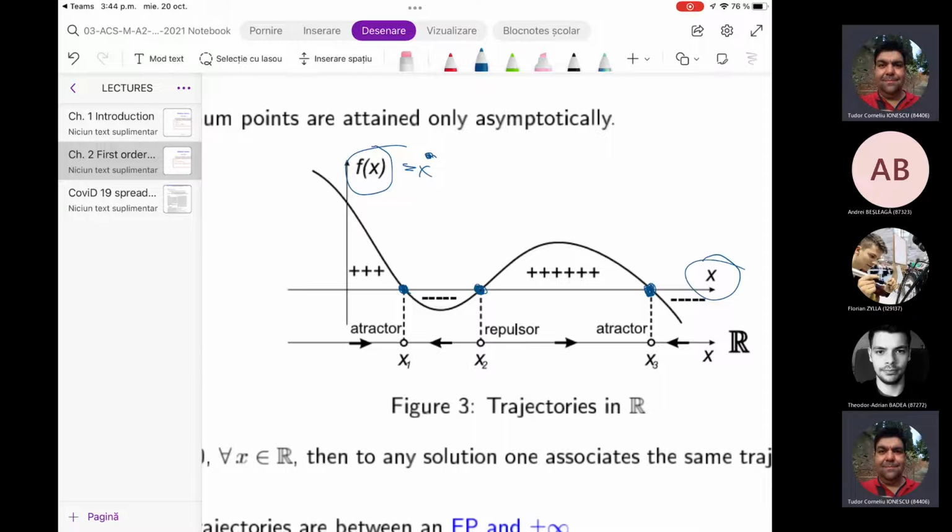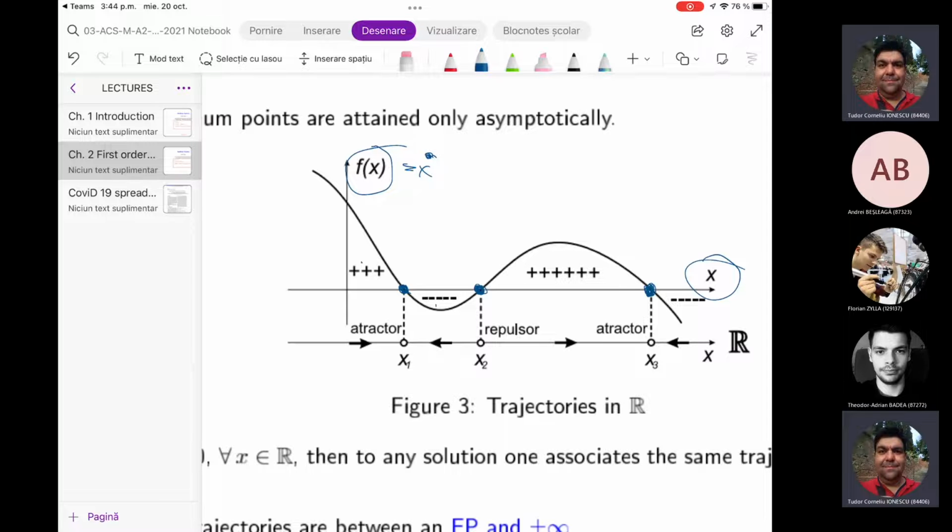And now, based on the sign of the function in the neighborhood of the equilibrium point, you can determine whether that point is stable or not. It is an attractor if this is positive and this is negative.